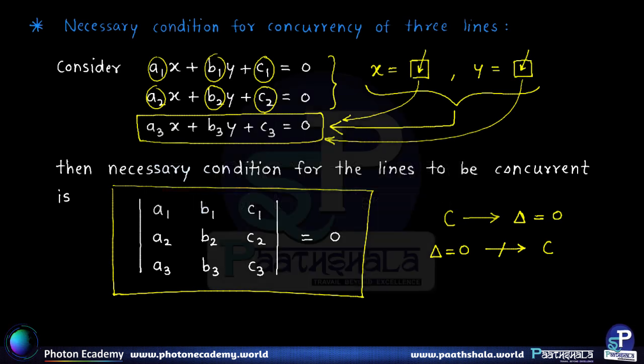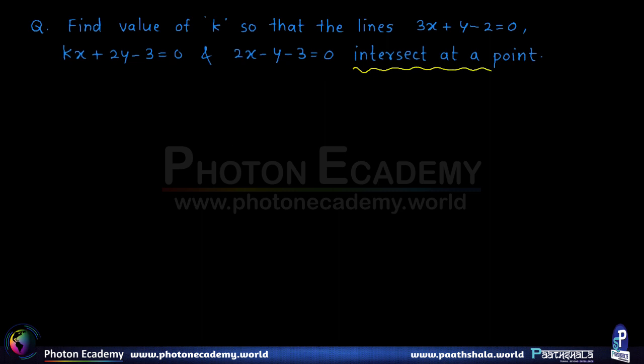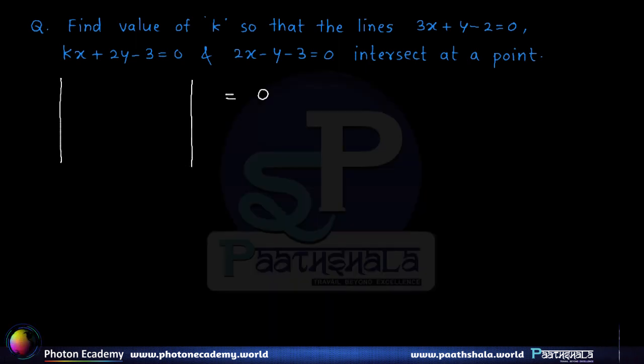Let's solve one sum based on this condition for concurrency. Here we have to find the value of k so that the lines given by these three equations intersect at a point. By intersect at a point, we mean they are concurrent at the same point. So if you want the lines to be concurrent at a point, then the determinant formed by their coefficients and the constant terms must be 0.